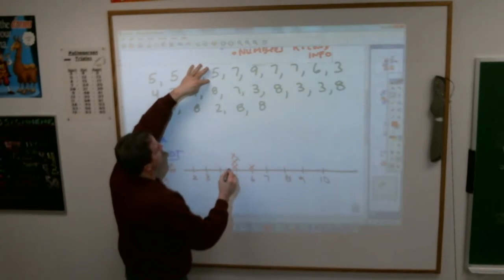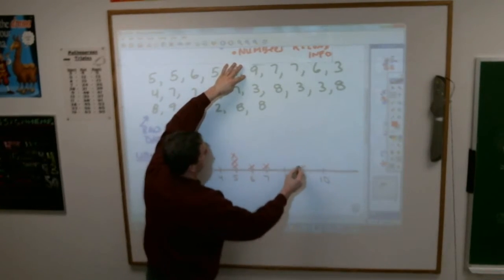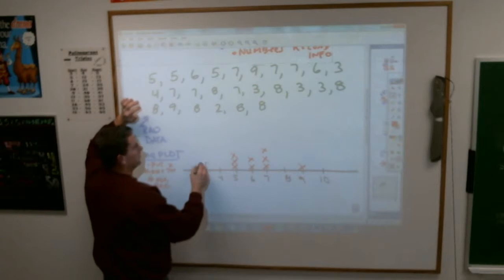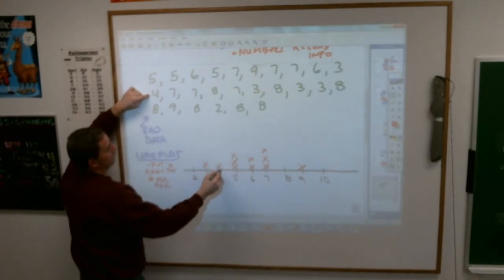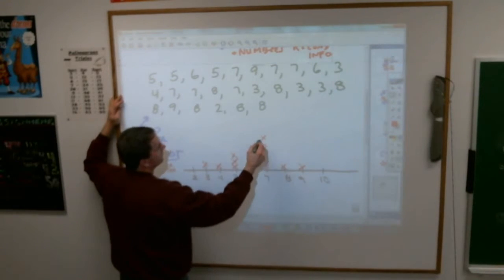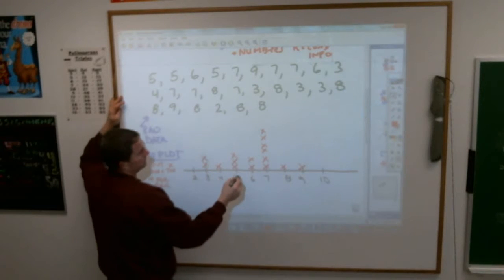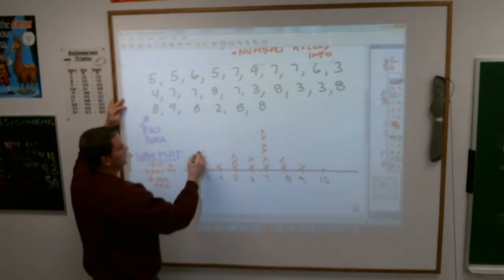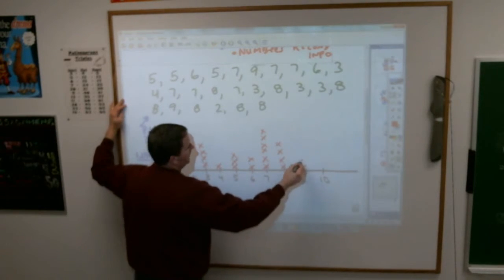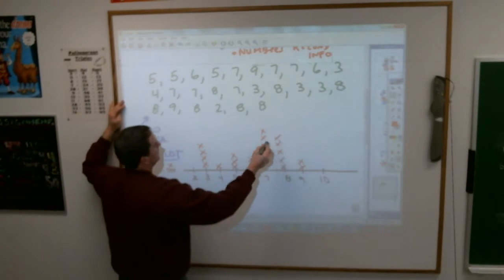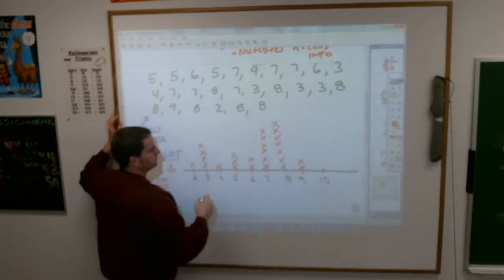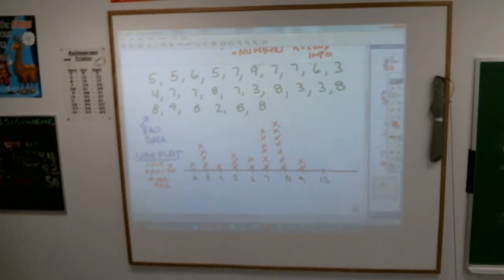A third 5, a 7, a 9, 2 more 7s, a 6, a 3, starting back here, a 4, 2 7s, 1 8, another 7, a 3, 8, 2 more 3s, 1 more 8, another 8, a 9, an 8, a 2, and a couple more 8s. Hopefully I didn't miss anything.